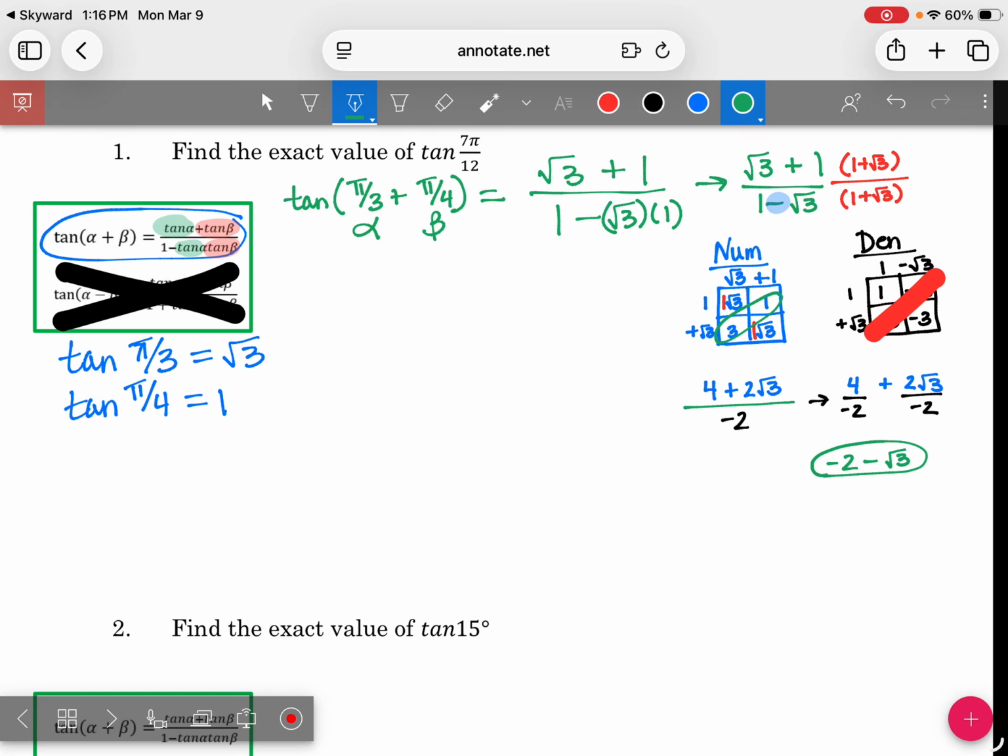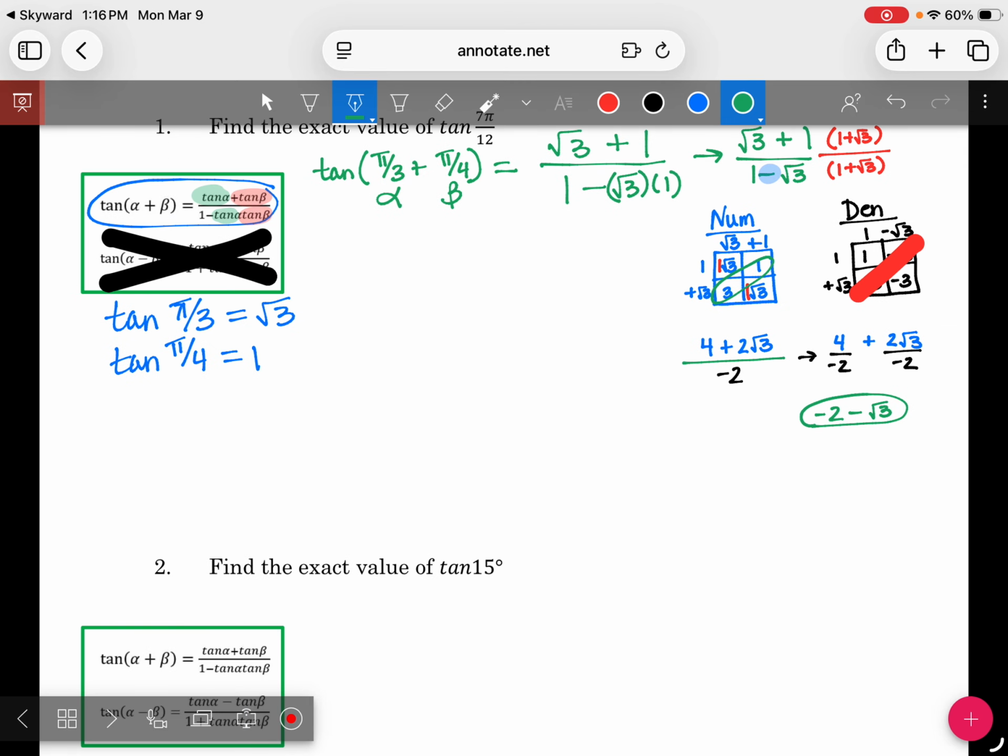Now, only because we've already done 60 and 45, we could do 45 minus 30, but I think I'm going to do 60 minus 45 because that's what we did in number 1. We did pi over 3 and pi over 4, and we already know what the tangents are for both of those.